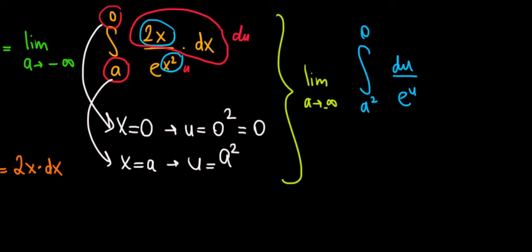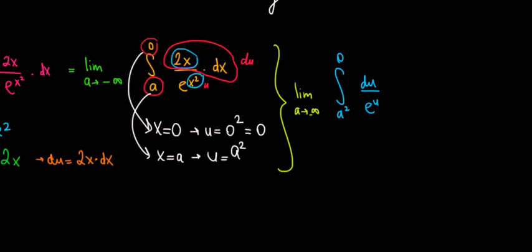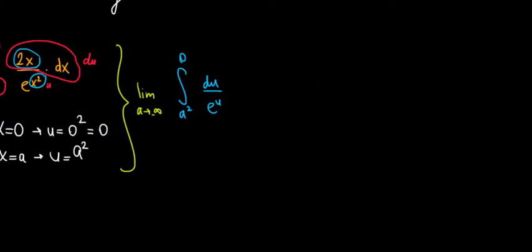Let me just zoom out to get some more space over here. So like that, and we move on. We'll have the limit when a approaches negative infinity, and we have the integral between a squared and 0. Now du divided by e to the power of u is just e to the power of minus u times du, and we saw a couple of videos ago the property of this integration.